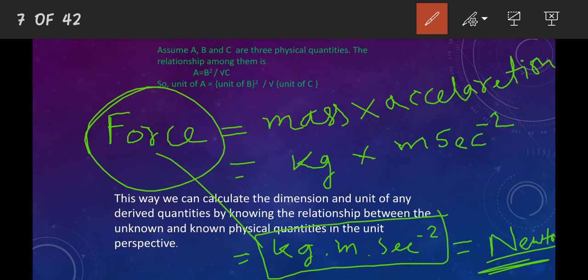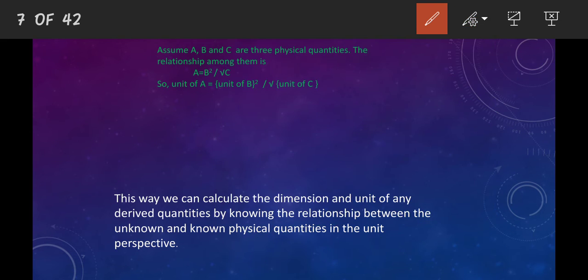So this way we can define. But here acceleration is meter per second to the power minus 2, and what is it equal to? Velocity. So velocity is equal to displacement by time.